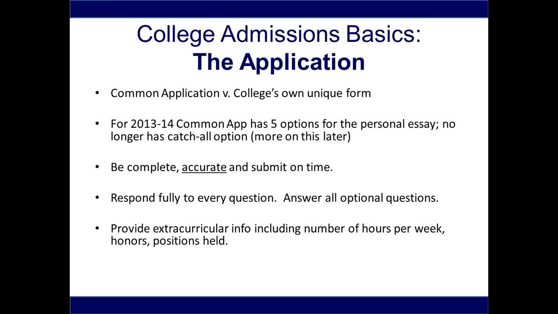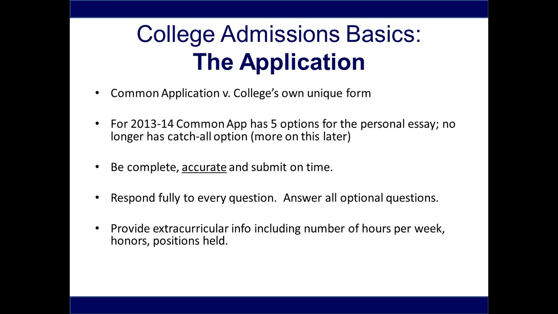Be sure that you provide all your extracurricular information, including the number of hours per week, the honors that you have won, positions that you've held, and prioritize those activities based on what is the most important and what you spent the most time on. Don't overstate your hours, because guess what?